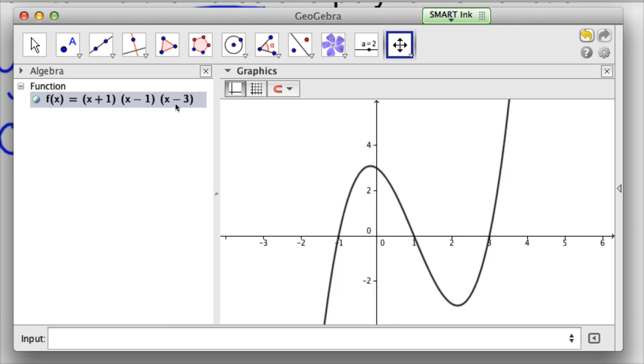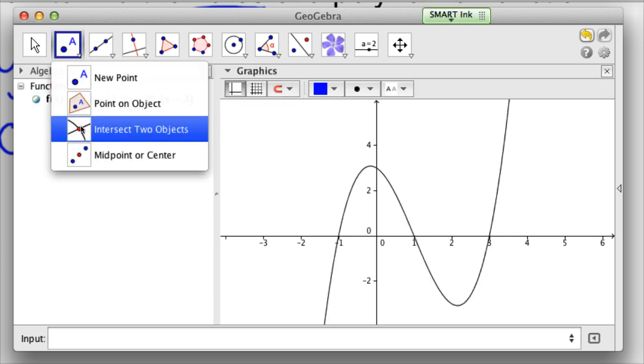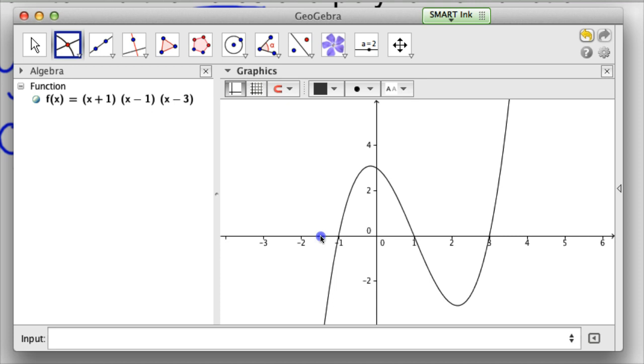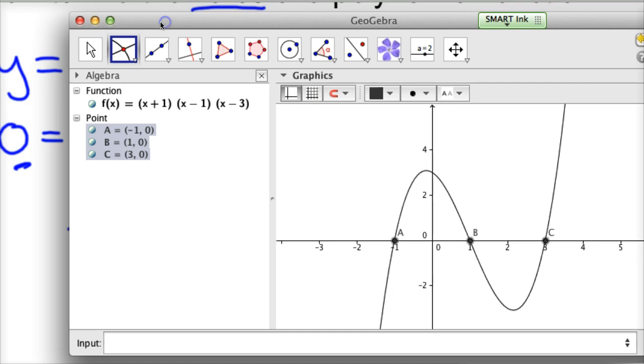There it is on the left, the function, and here it is graphically. Notice your x-intercepts. If I intersect my two objects, the x-axis and my function, notice there are my three x-intercepts, negative 1, 1, and 3, which are the zeros or the roots. That is where the function becomes 0. So I think it's good to see that.